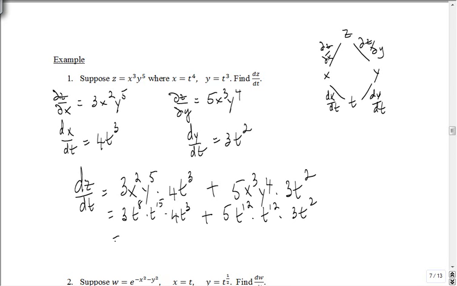When you work all of that out, you get 27t to the 26th. So that's the first one. Okay, any questions?